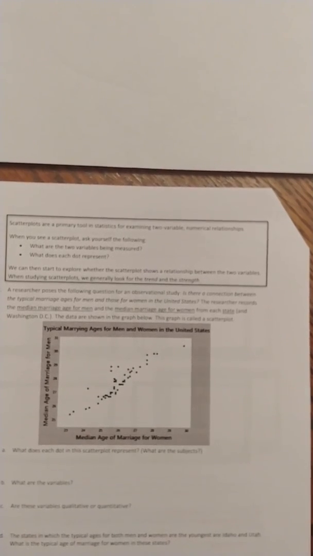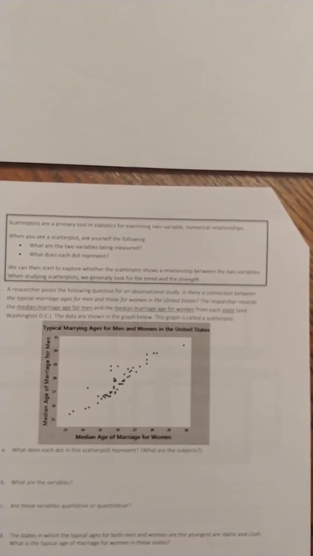Is there a connection between the typical marriage ages for men and those for women in the United States? Okay, so here's the research question. Now, the researcher records the median marriage age for men and the median marriage age for women from each state and Washington, D.C. The data are shown in the graph below. This graph is called a scatter plot.